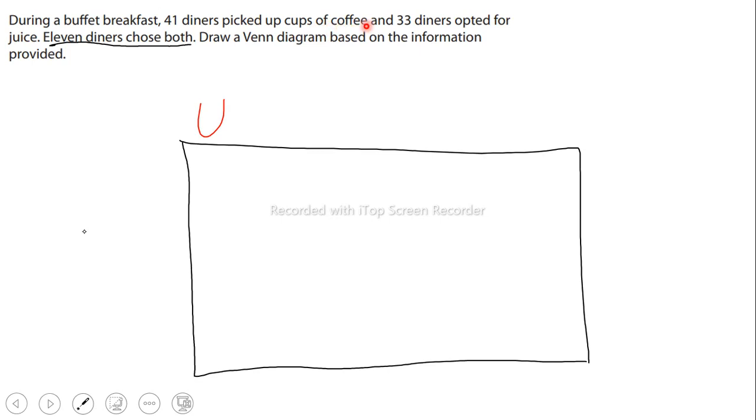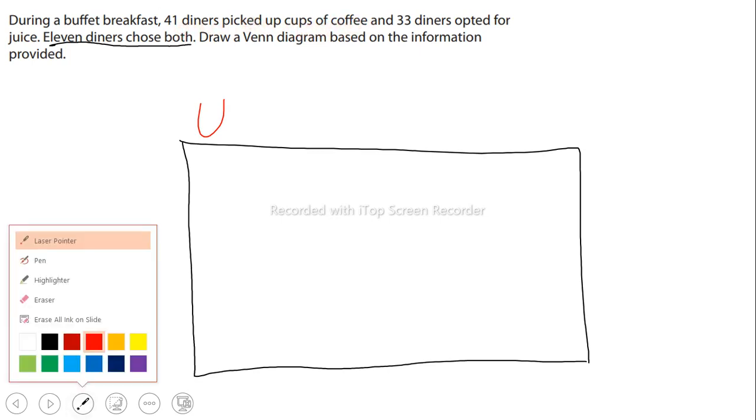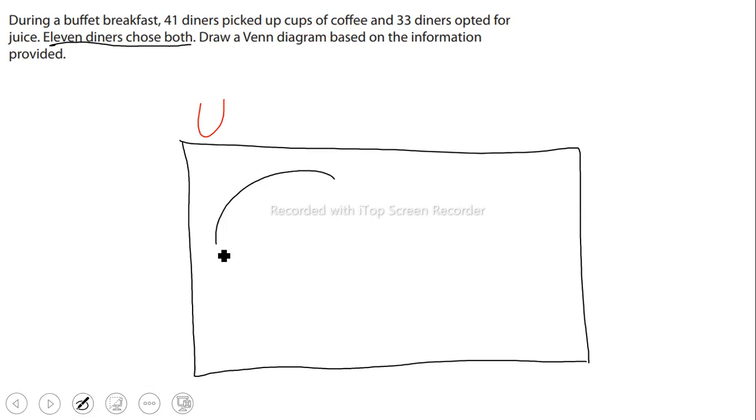What letter are we going to use for the coffee? The letter C, right? We could use A or B, but it'll just be easier in our minds if we use the letter that begins the word.